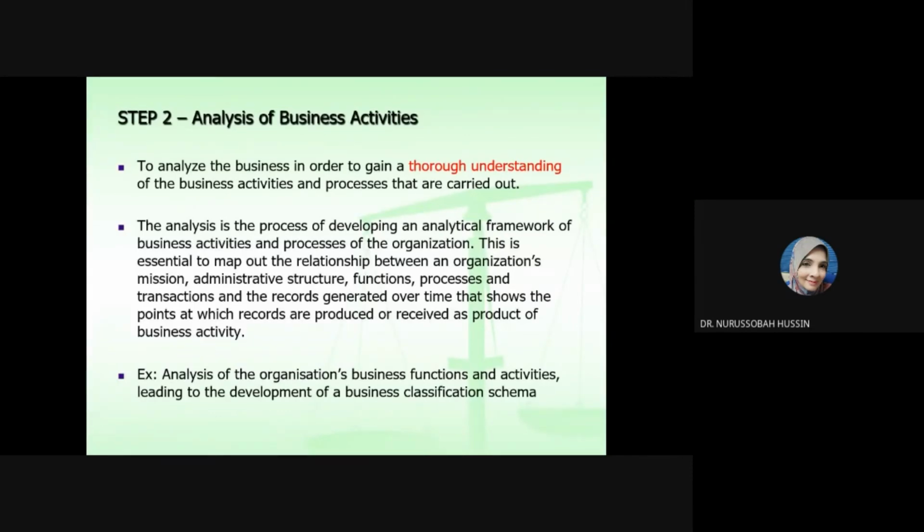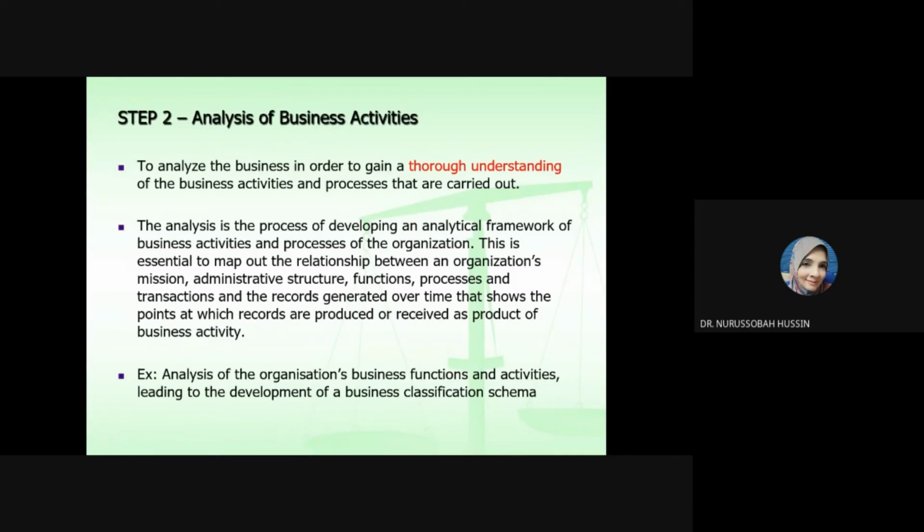And then in terms of functions and processes of the organization, we have to do the analysis of business functions and processes. Why? Because we want to identify the vital records. And then we want to know the types of records available in the organization. Okay, this is also very important. Why do we want to know the types of records?